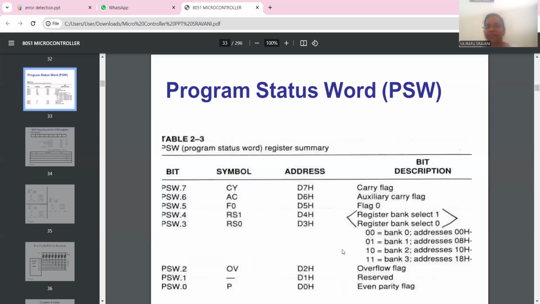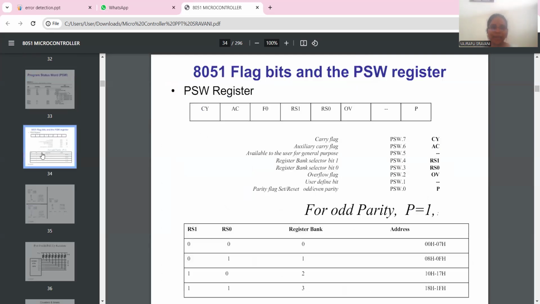The program status word is an 8-bit register, PSW, with bits 0, 1, 2, 3, 4, 5, 6 as well as 7. These are used for the program status word bits.